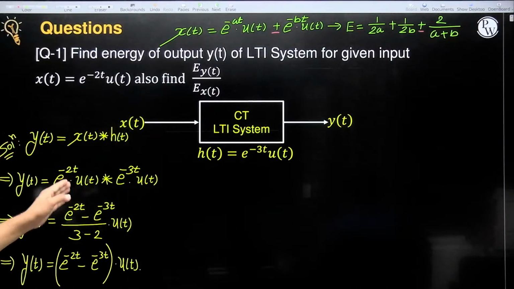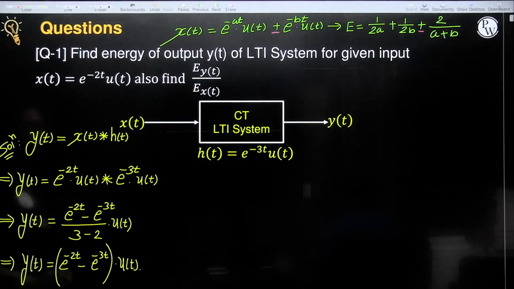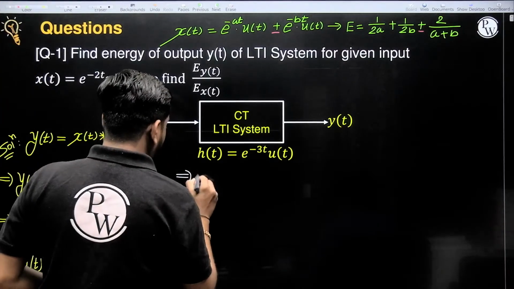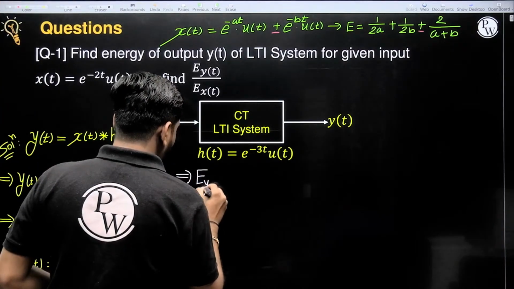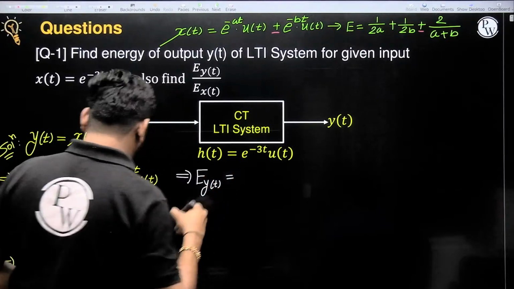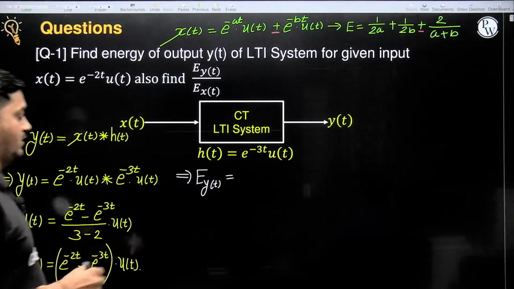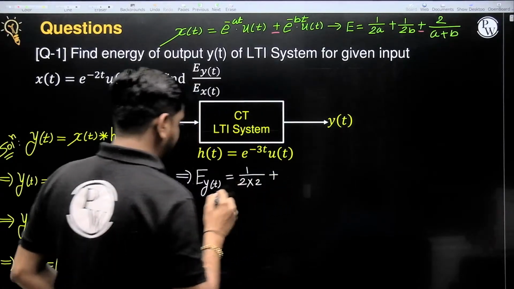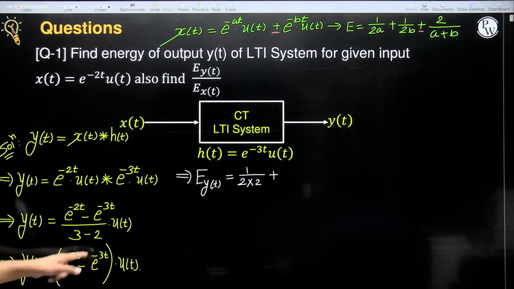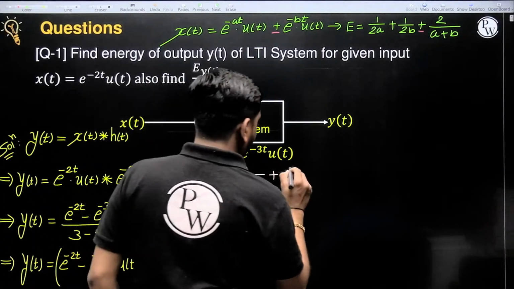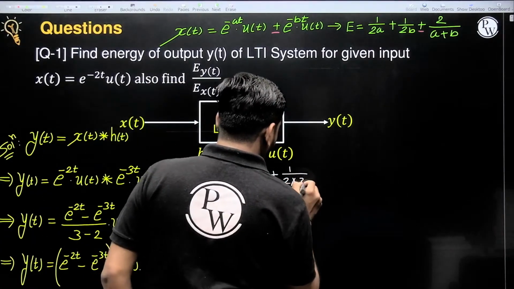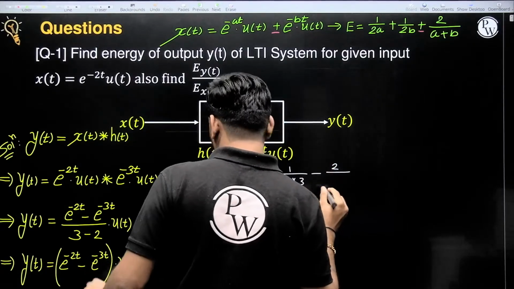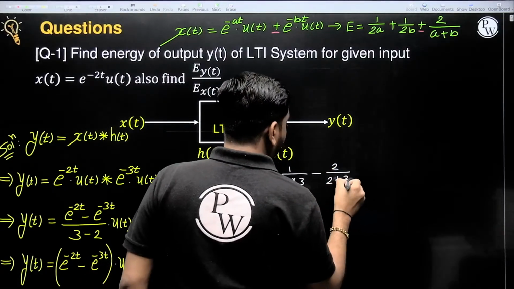Okay, so now we can find the energy of the output signal. The energy of the output signal is given by the energy of the first signal, that is 1 upon 2 into 2, plus the energy of the second signal, that is 1 upon 2 into 3, and here there is a minus sign, so also minus sign, 2 upon a plus b, a equal to 2 and b equal to 3, guys.